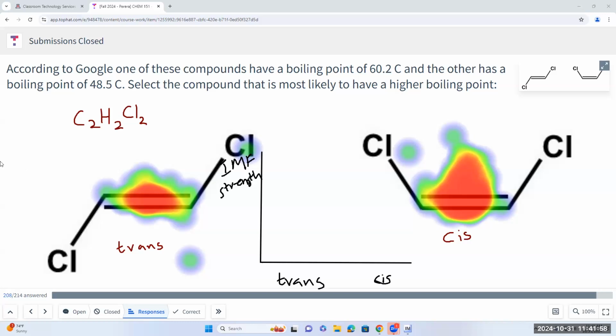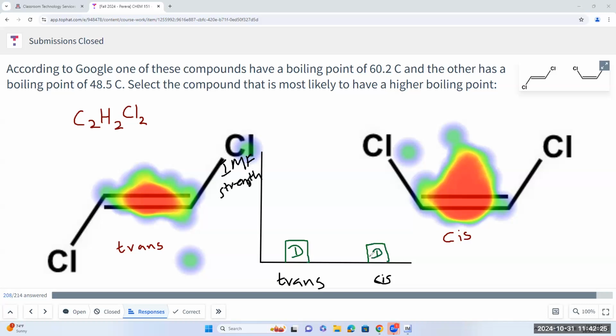They both have the same number and types of atoms, the same chemical formula, meaning the dispersion forces will be comparable in both cases. So if D is for dispersion, both of them will have similar dispersion forces.